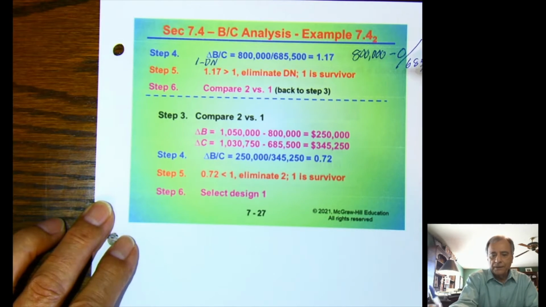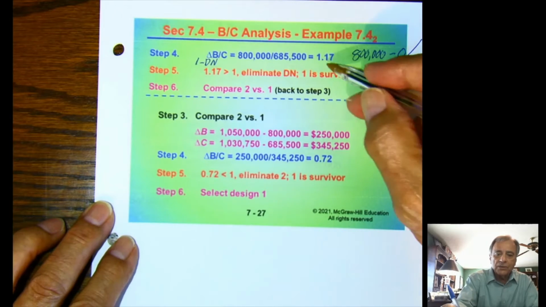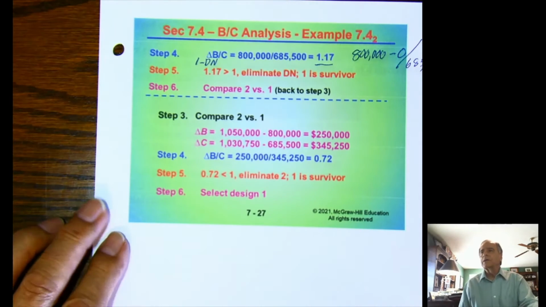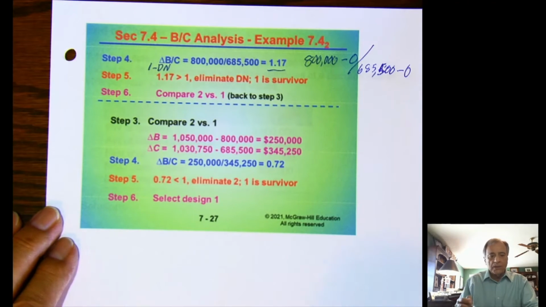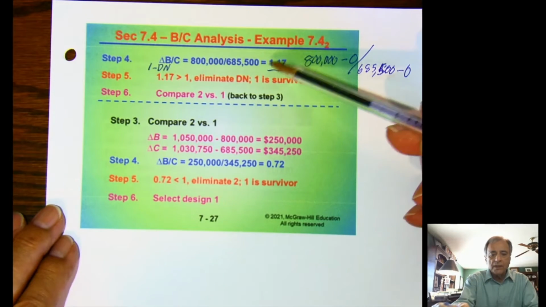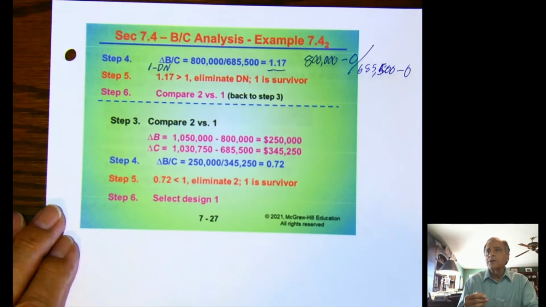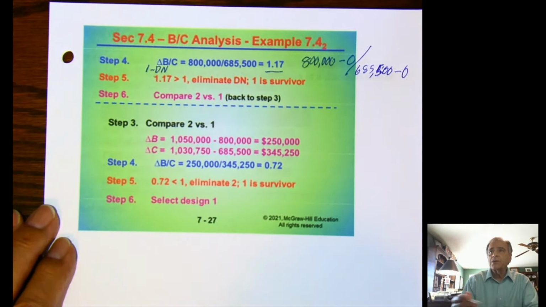So we get that equal to 1.17. Consequently, we select 1 rather than doing nothing, because the benefit cost ratio is greater than 1. So the next step is to compare 2 with 1.